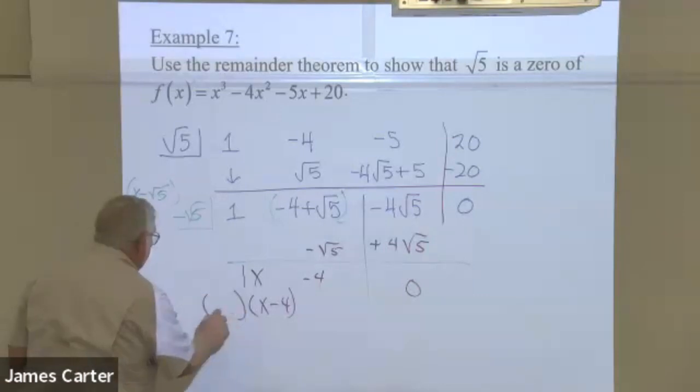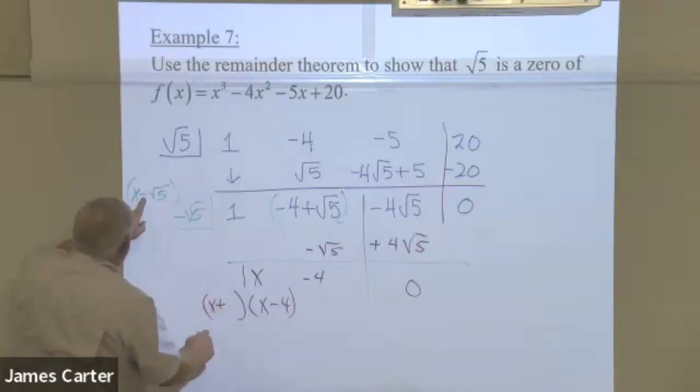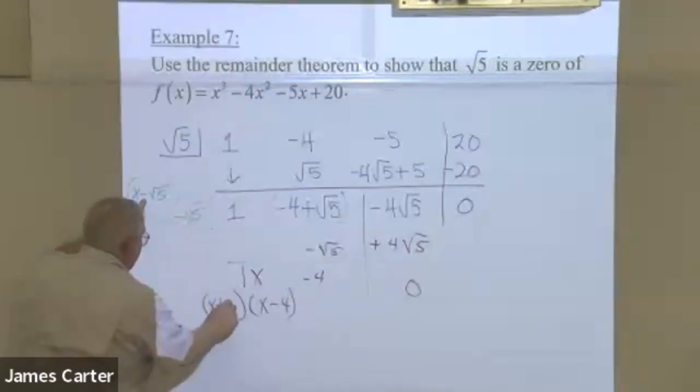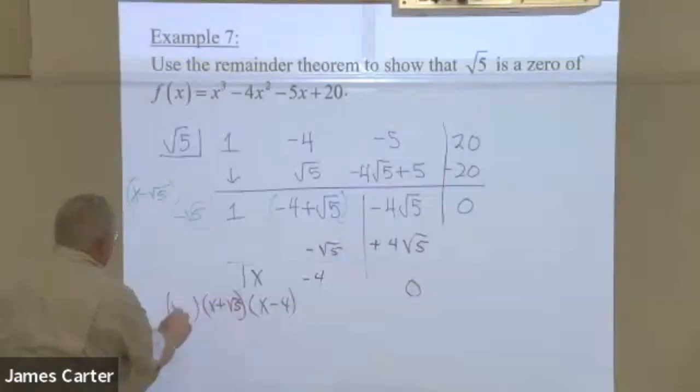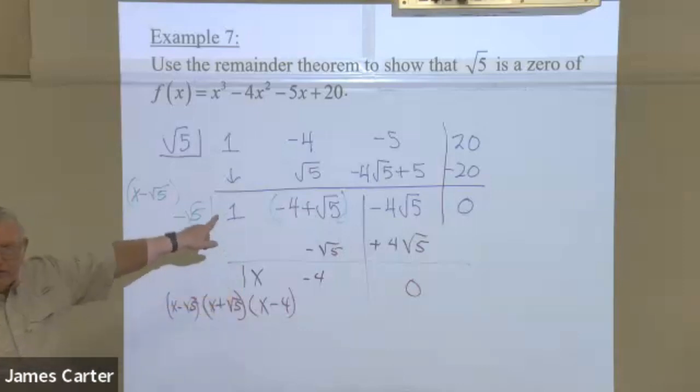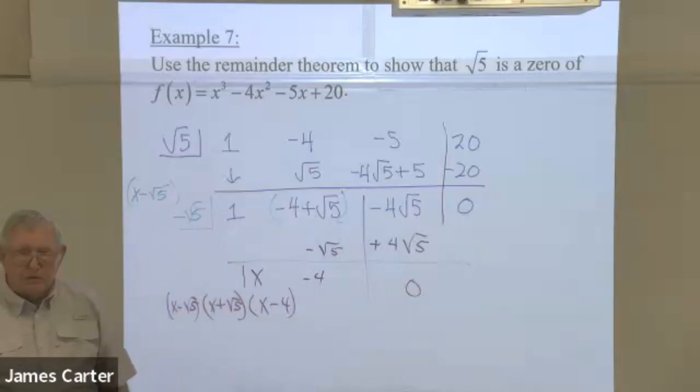Factors in this problem are x plus, in other words, minus a negative radical 5, and x minus radical 5. Those are the 3 factors of that.